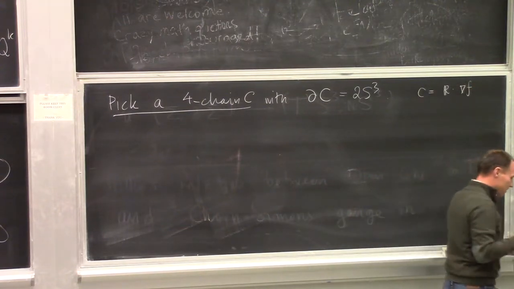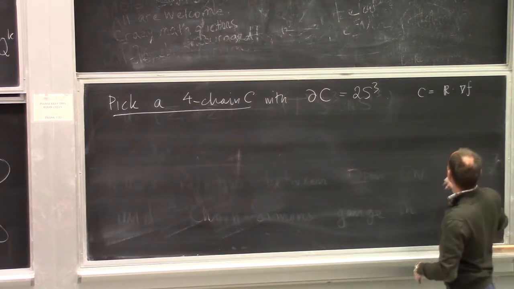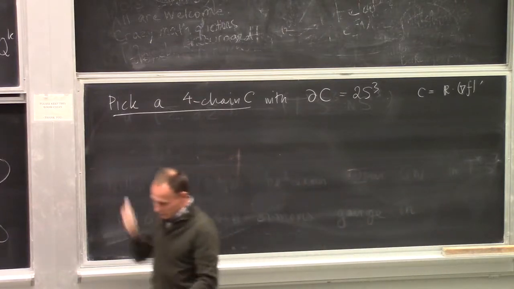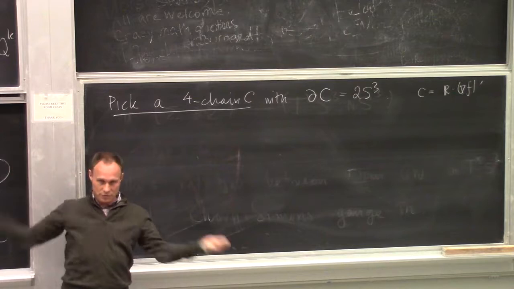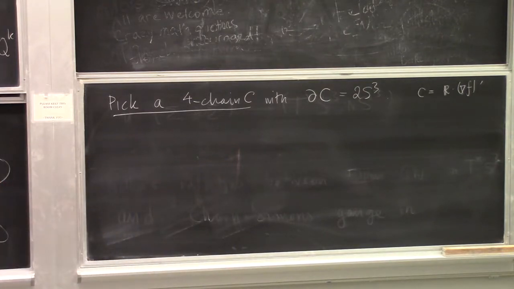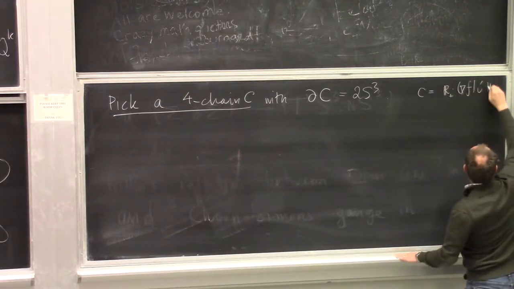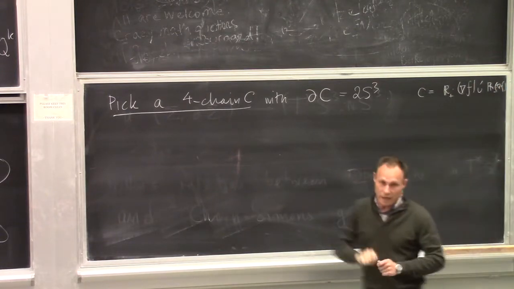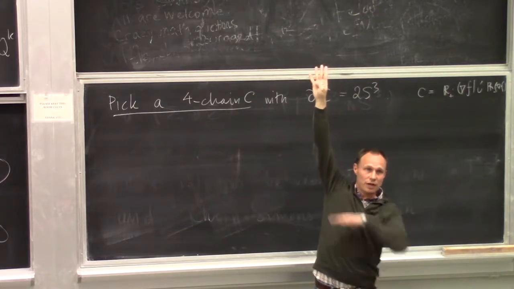So basically, you take this gradient of f, it's a dual. So gradient of f we can think of as a field of one-forms, if you wish. And now we shoot out the ray in this direction, so we get the 4-chain with boundary at infinity, which I'm not going to care about.